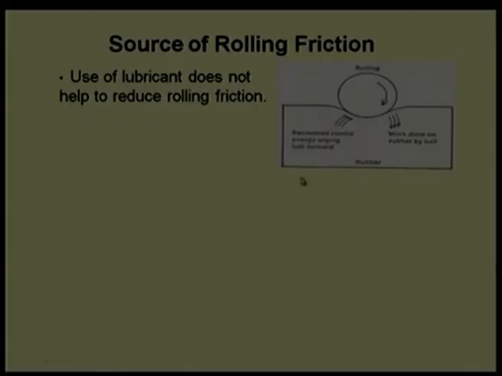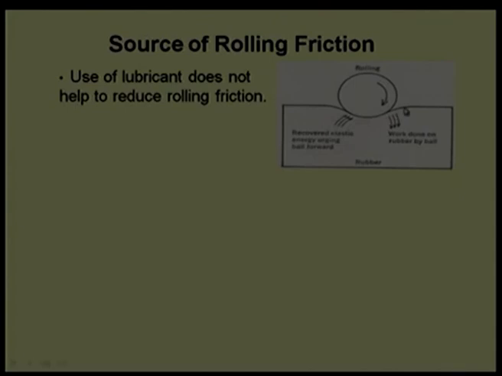To demonstrate that, there is a diagram which shows the roller rolling in a clockwise direction. When it starts rolling, what happens to the material is that it goes under some pressure, and if this is a rubber material, then there will be excessive deformation of the surface.